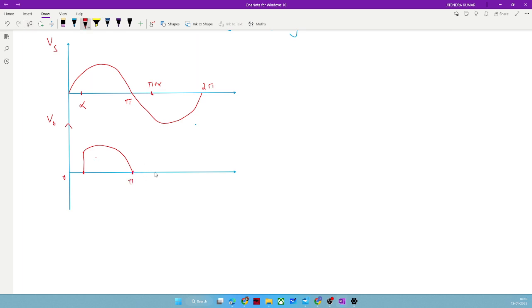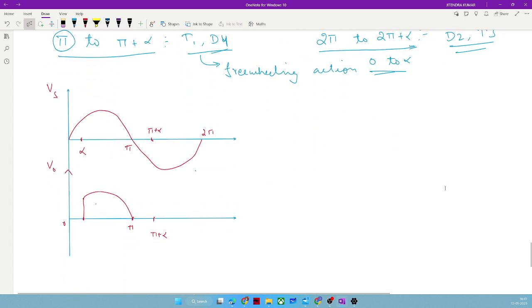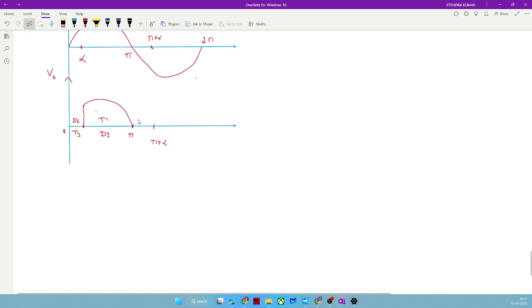Again, from pi to pi plus alpha, two switches are freewheeling, and those switches are T1 and D4. For 0 to alpha it is D2, T3. Here it is T1, D2. Now from pi to pi plus alpha, it is T1, D4, so V naught is again zero for the duration pi to pi plus alpha.